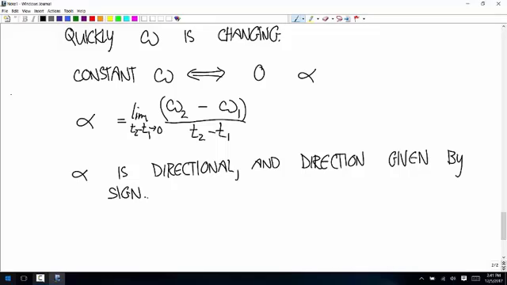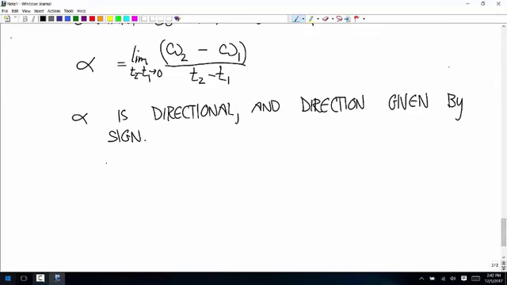So what do you think is the relationship between the signs of angular velocity and angular acceleration if something's rotation is speeding up? Same sign, yep. So omega and alpha have the same sign if the rotations are speeding up.